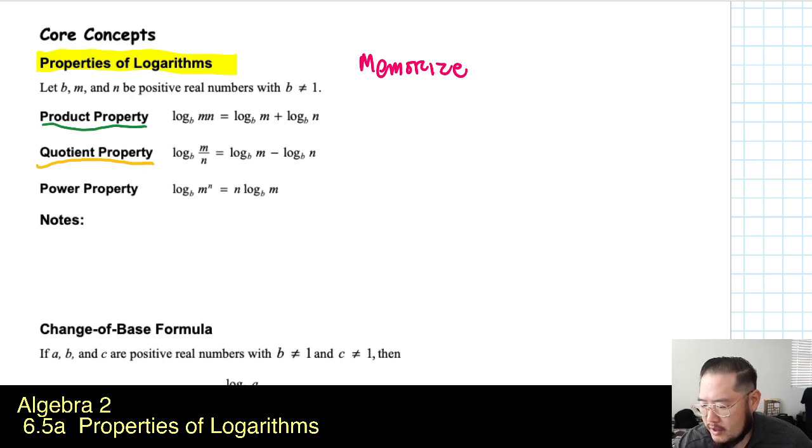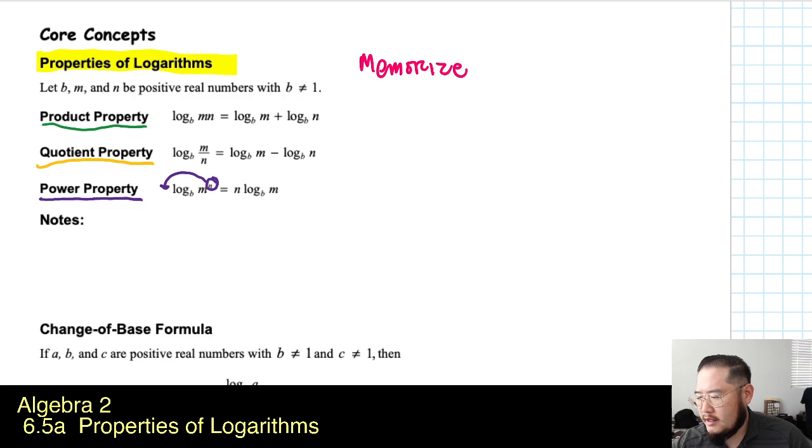And then right here, finally, we have the power property. When we raise a power to a power, we end up multiplying things together. Now, that's not necessarily the case right here. What you hopefully see is that our exponent is n. And what ends up happening is that drops in front of the logarithm and becomes n times log base b of m.